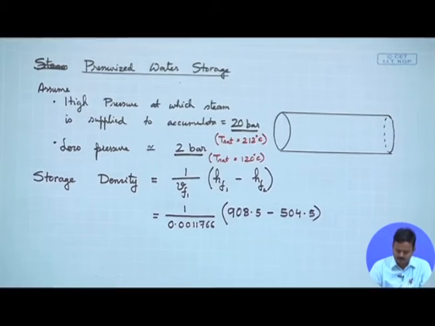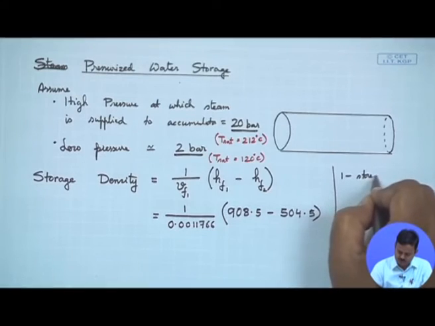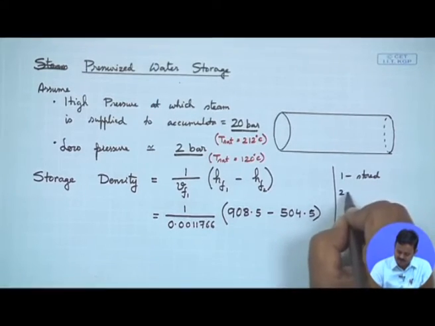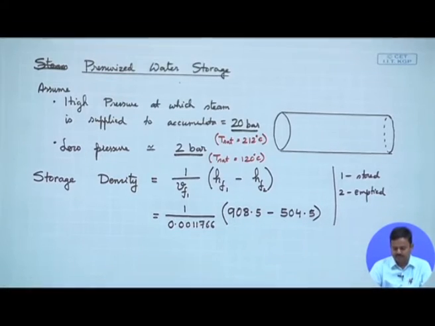All right. So, let us say 1 is under stored condition or high pressure and 2 is under emptied condition or discharged.